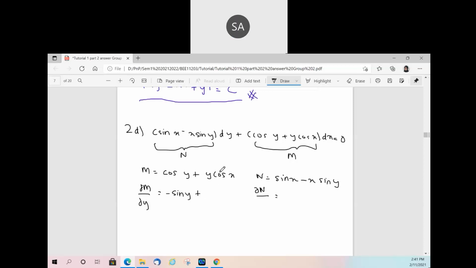Dia yang ini consider constant. Bila consider constant, dia macam you have YA, you differentiate YA terhadap Y, you get A. Susunan dia je terbalik. Selalunya kita letak AY, right?